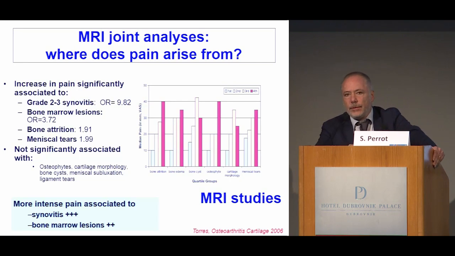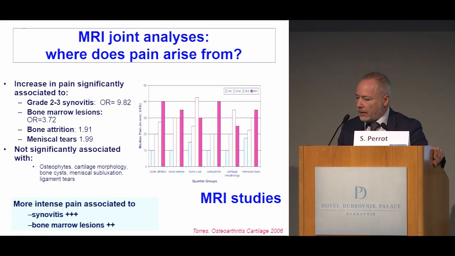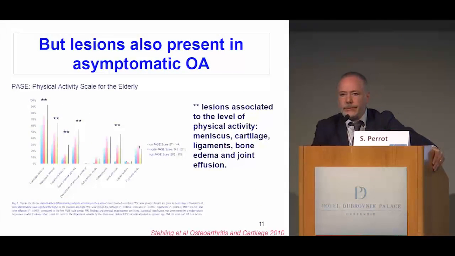But the most important structure to consider in joint pain is synovitis with an odds ratio of 9. Meniscal tears are not very important globally in pain intensity, and osteophytes, cartilage morphology, bone cyst, meniscal subluxation were not associated with pain in this study. Another study, very interesting, looked at the patients with asymptomatic osteoarthritis.